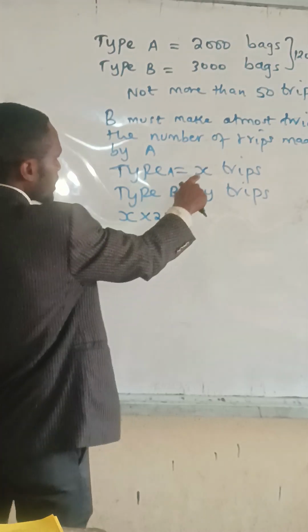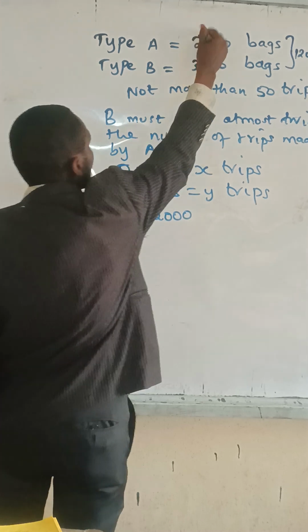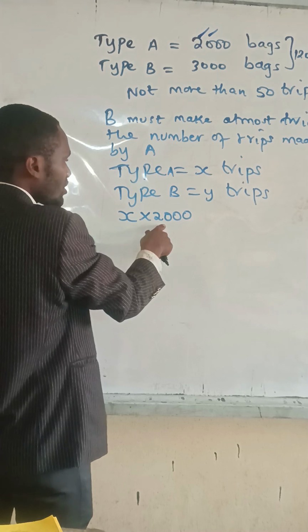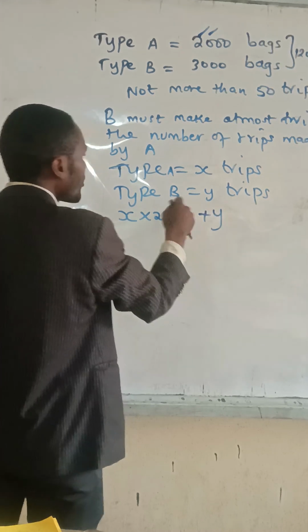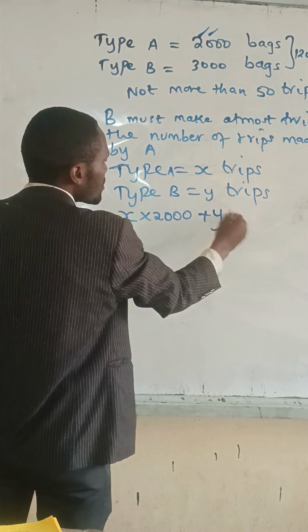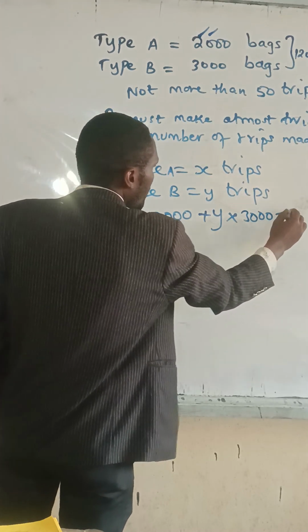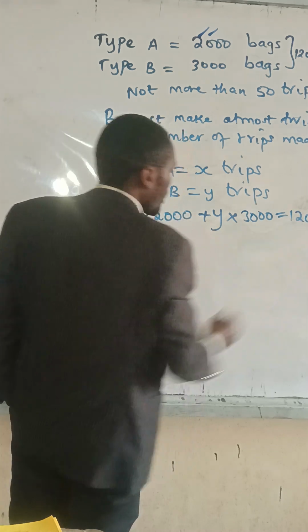It makes X trips, and in each trip it carries 2,000 bags of maize. So X times 2,000, plus Y, the number of trips B makes, times the bags it carries per trip, which is 3,000. This must end up carrying 120,000 bags of maize.